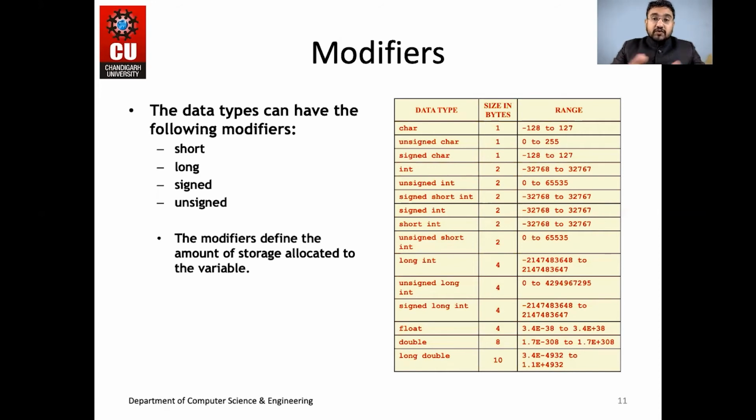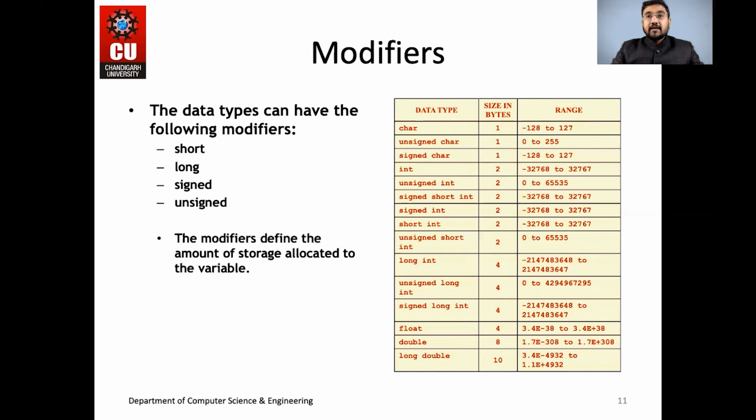Now, let's suppose I'm using a 16-bit compiler, and I want to increase the memory which is allocated to integer, then I'll make use of the long specifier along with the integer. So I'll write long int, and that would manipulate the memory within the compiler. They'll start reserving 4 bytes of space within the memory.